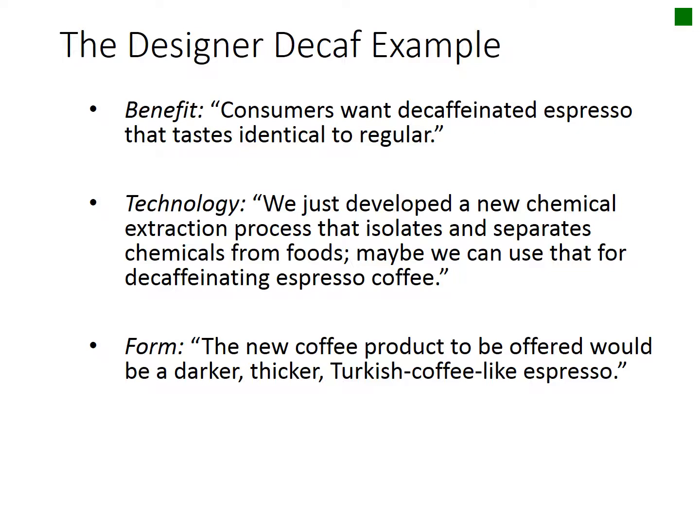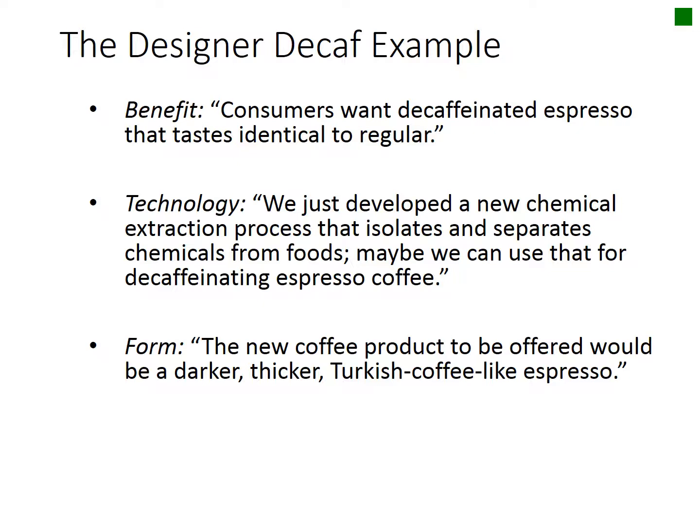It could be used as an instant, where people add their own hot water and it creates a thick version of the coffee. Or maybe it could be through a traditional drip form, or maybe even a French press or something along those lines. So the benefit, the technology, and the form all need to come together in order for us to create the product.